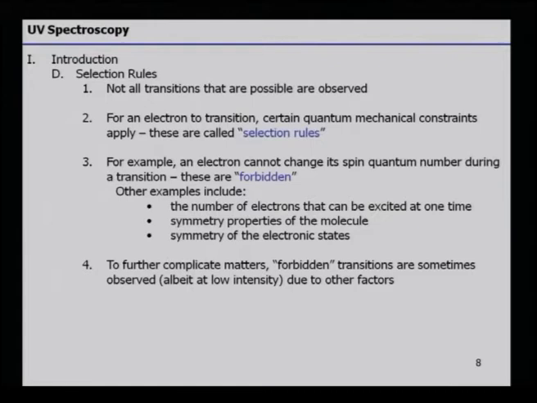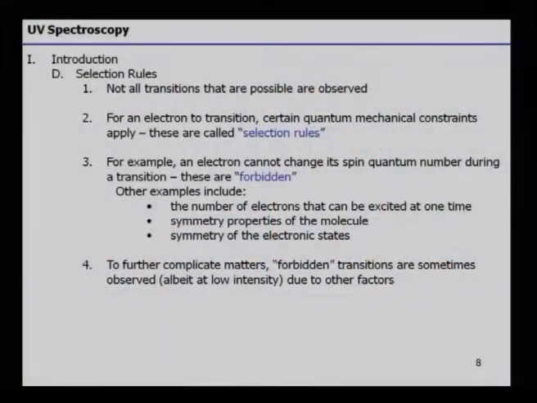Not all transitions are possible, as we have observed. For an electron to transit, certain quantum mechanical constraints apply, and these are called selection rules. That means an electron cannot jump from any orbital to any orbital.